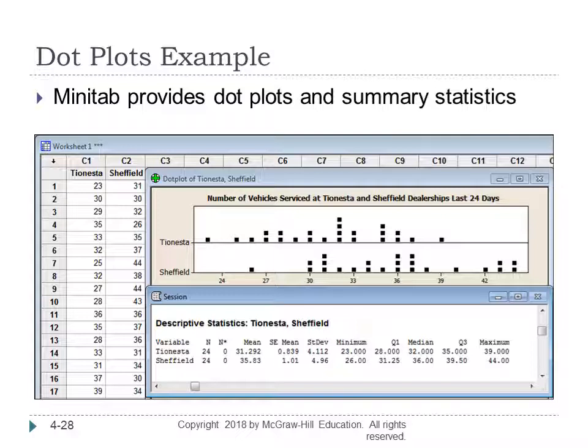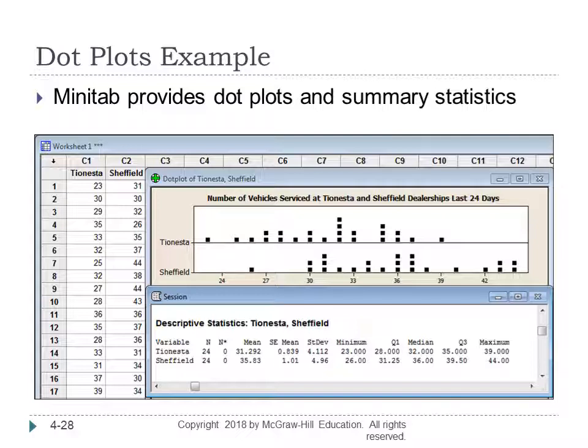When you see the columns to the left, there are two columns, C1 and C2. The first column includes the data from the first location, Tainusta. C2 includes the data for the second location, Sheffield. For the graph, you have two parts. The first part is the dot plot.